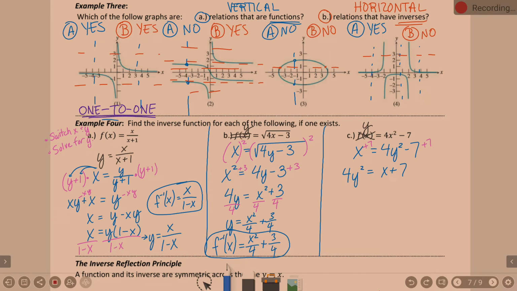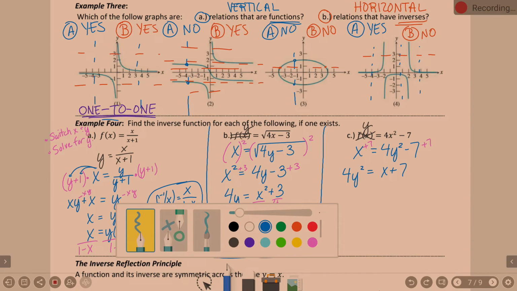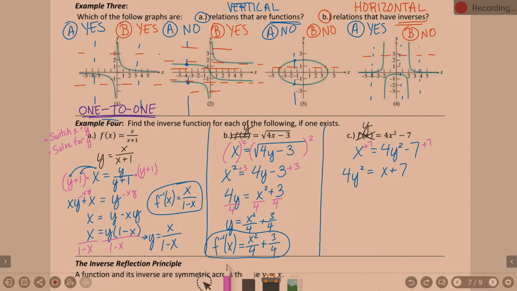Would you divide by 4? I would have said divide by 4 and then square root. You could go ahead and square root it, it just gets a little more tedious.